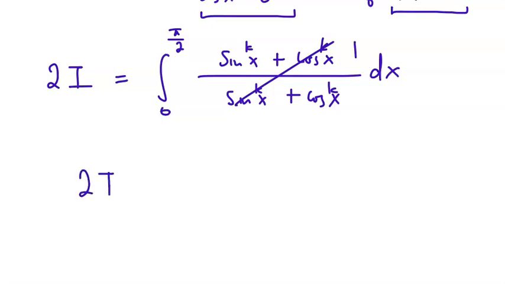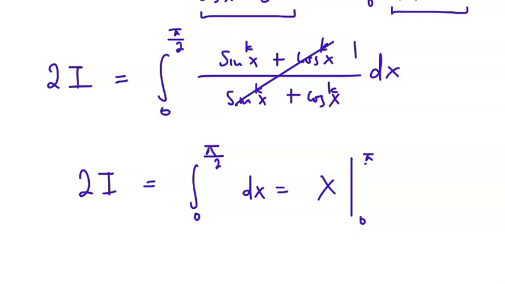So we have 2I is equal to the integral from 0 to pi over 2 of 1 times dx, which is the integral of 1 with respect to x, which just gives us x. And we have our limits from 0 to pi over 2, right? So let us put the upper limit first. We get pi over 2 minus the lower limit, which is 0.